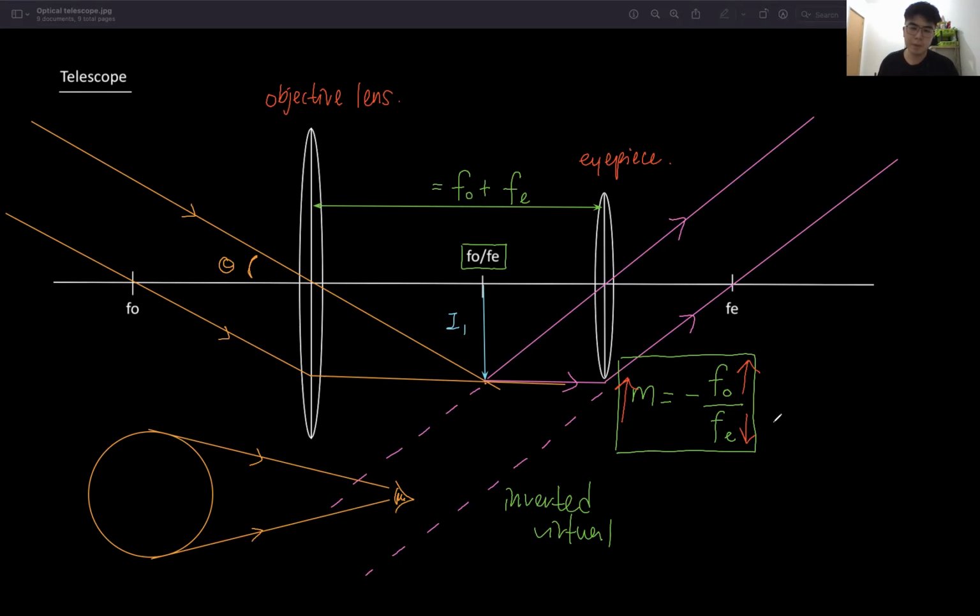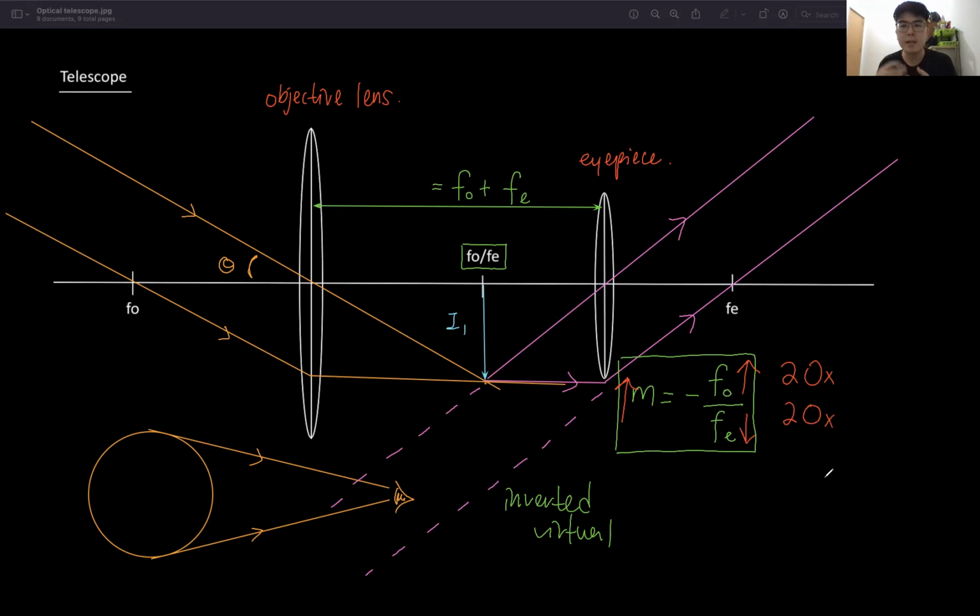If I want to magnify 20 times, is there any downside to it? Can I just magnify at whatever value I want? I can magnify 100 times, 500 times. Is there any downside? Yes, there's one downside. If you magnify 20 times, then the intensity will drop 20 times.